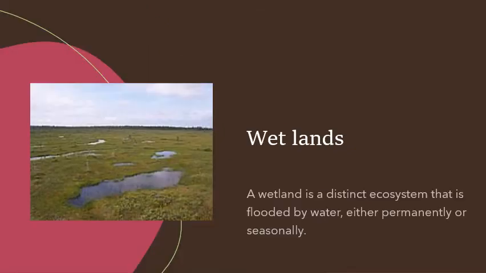Then wetlands. A wetland is a distinct ecosystem that is flooded by water either permanently or seasonally. Wetlands are usually wet most of the time. There is a lot of water there, and you can see small ponds in these wetlands.